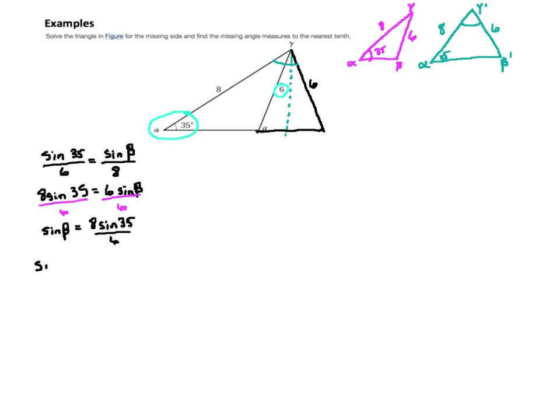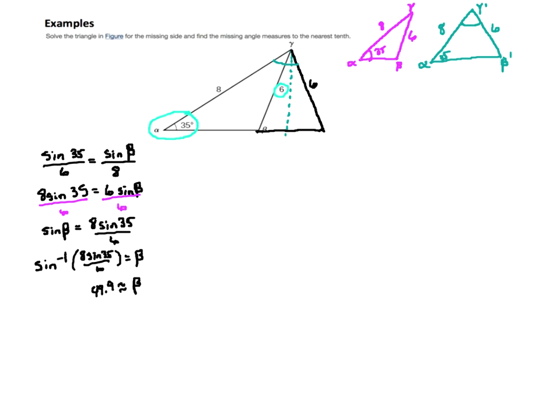If I now take the arc sine of 8 times the sine of 35 over 6, that gives me angle beta. So that inverse sine function there. And when I put that into my calculator, I get that angle beta is approximately 49.9 degrees.